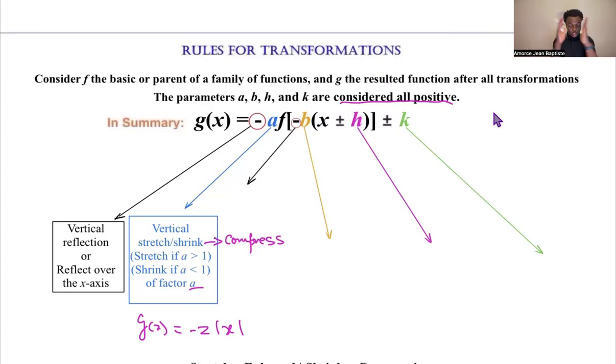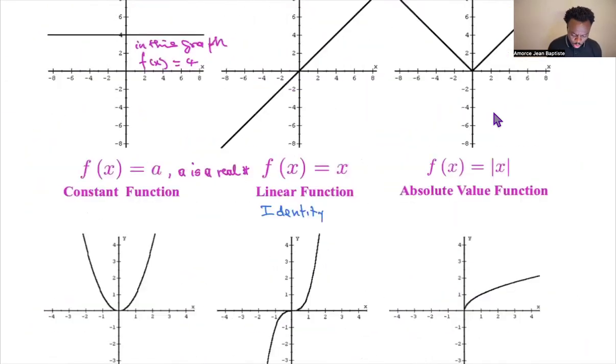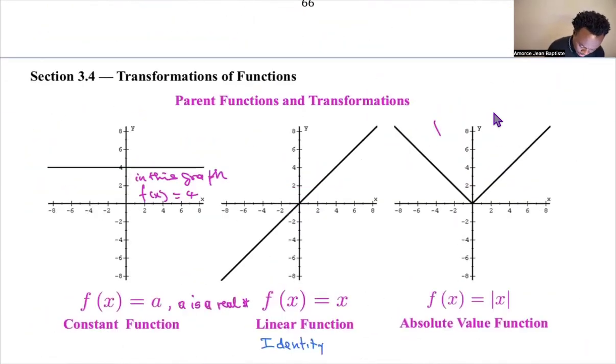Well, actually, it will be closer to the y-axis. It's like you close it to the y-axis. So basically, a vertical stretch of the absolute value will look something like this, getting closer to the y-axis.